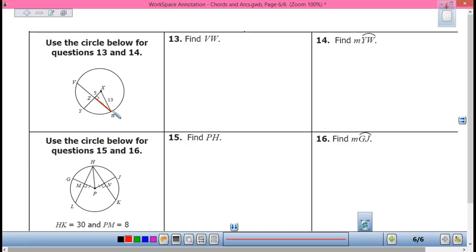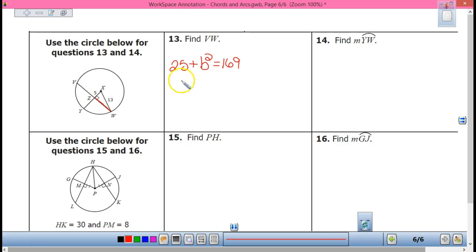Okay, so how am I going to set it up? Yep, so what's 5 squared? 25 plus b squared or x squared equals 169. Be careful that you know the difference between your hypotenuse and your legs.